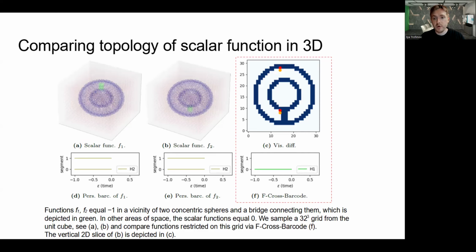We sample a cubical grid from the domain of functions f1 and f2 and calculate F crossbar code. You can see that F crossbar code is non-empty, and the visualization technique can precisely highlight regions where the topological difference exists. However, the regular persistence barcodes are indistinguishable for f1 and f2.